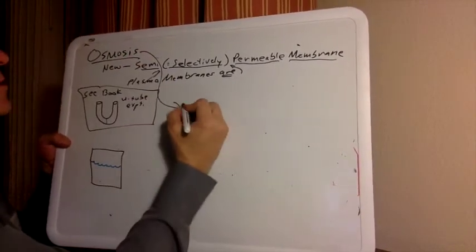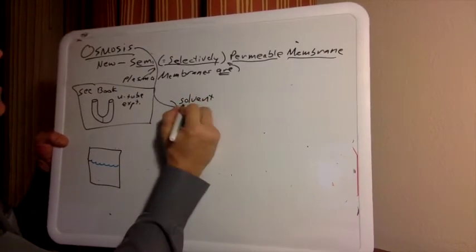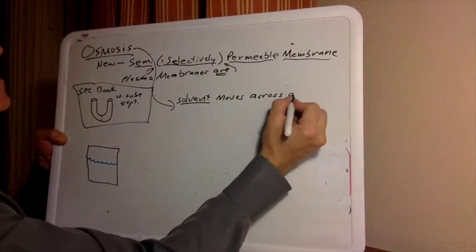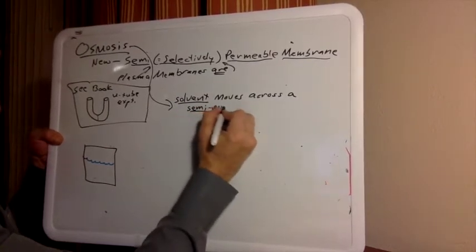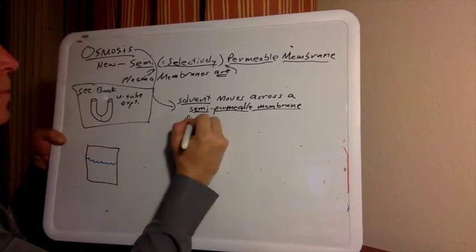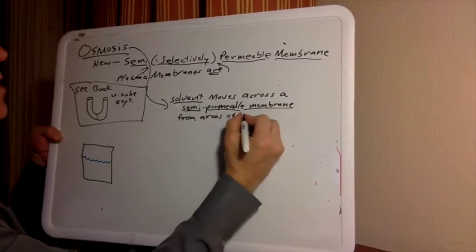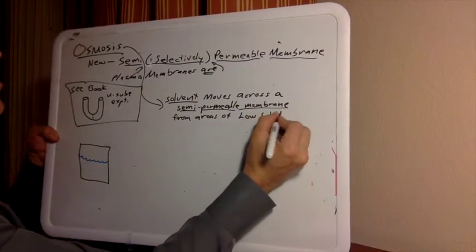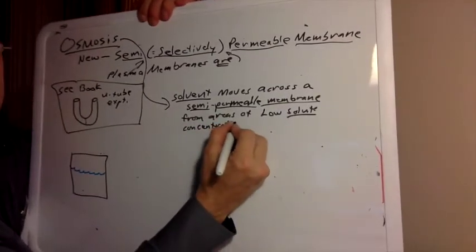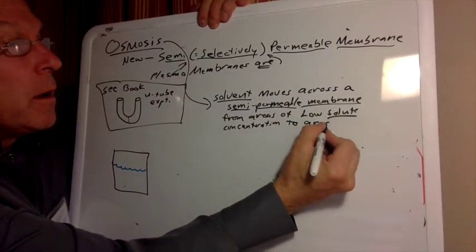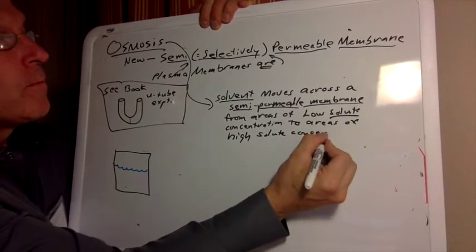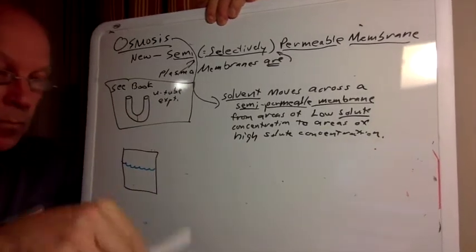So the osmosis definition is going to be that solvent moves across a semi-permeable membrane from areas of low solute concentration, this is a big definition here, to areas of high solute concentration. Okay, so we'll take a peek at this one.